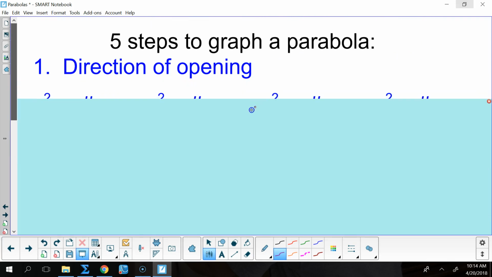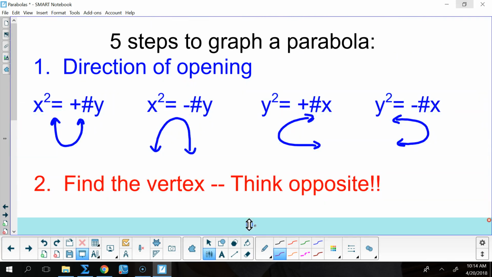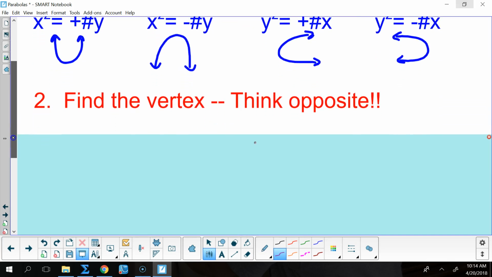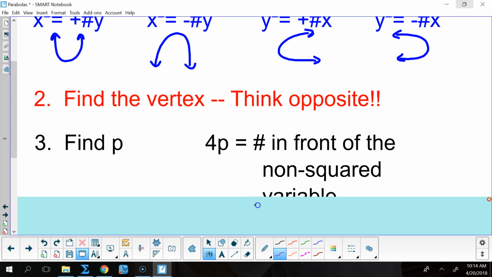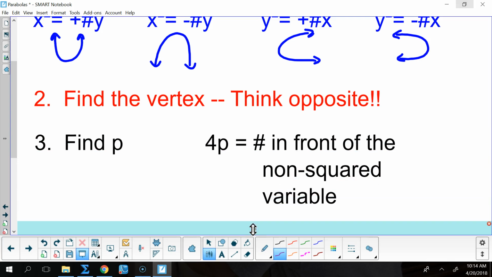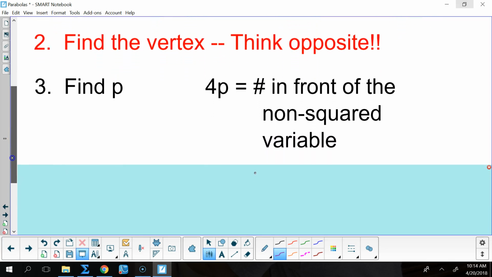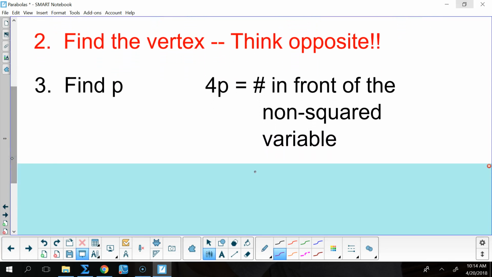Second thing is we find our vertex. We think oppositely inside parentheses, because that's going to be our starting point. Then we find P. We find P by taking 4P, the number in front of the non-squared variable, and we divide that by 4.